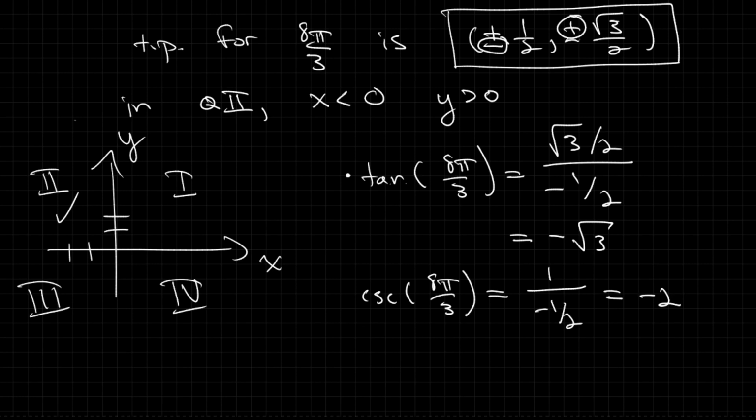And again, I won't do this here, but you could figure out secant of 8 pi over 3, cotangent of 8 pi over 3, sine and cosine of 8 pi over 3, all of the trigonometric functions. You've done all the hard work, and you can simply just use the definitions of the trigonometric functions to evaluate each one of them if you would like.